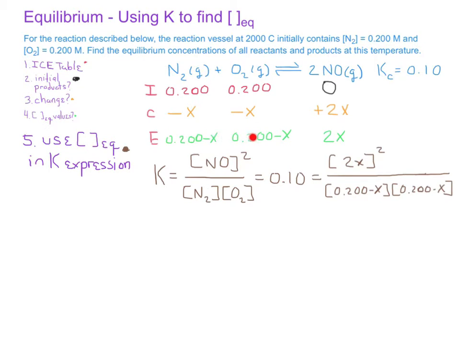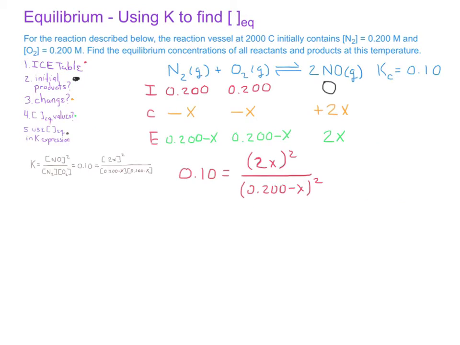Now we place each of these equilibrium concentrations into the expression. Since in the denominator 0.200 minus x is multiplied by 0.200 minus x, we can rewrite this as 0.200 minus x, quantity squared.